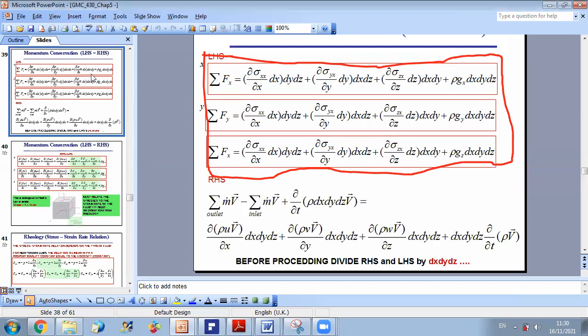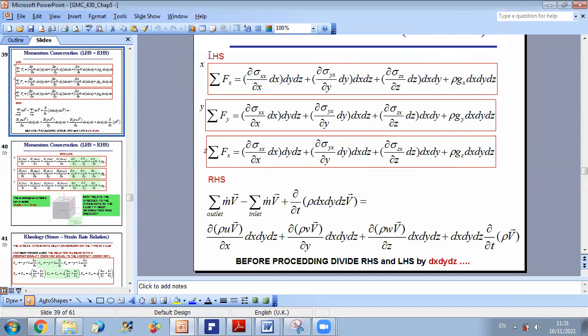Okay, so already we computed the left hand side of the equation, which is sum of forces, and the right hand side, which is sum of m dot v at outlet minus sum of m dot v at inlet plus del by del t of rho dv times v. Now, as you can see, all terms include dx, dy, dz.